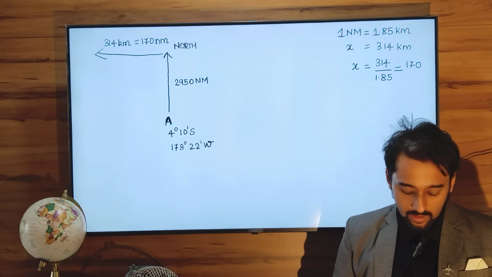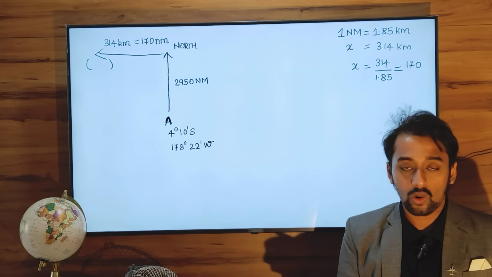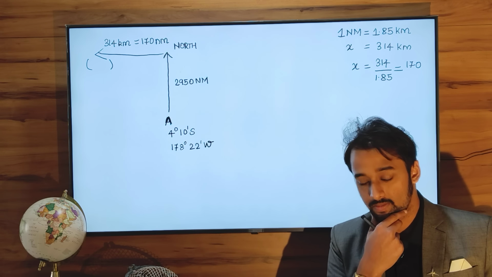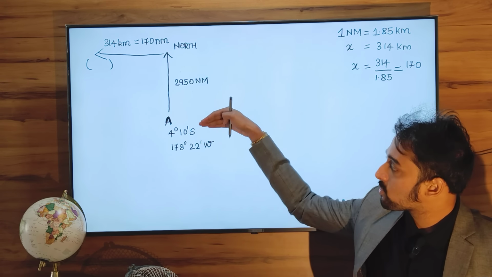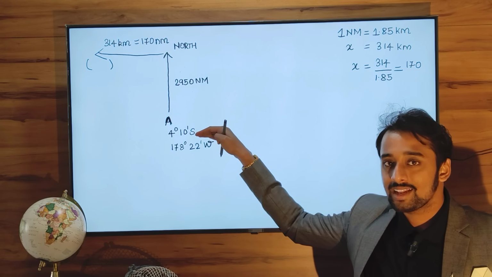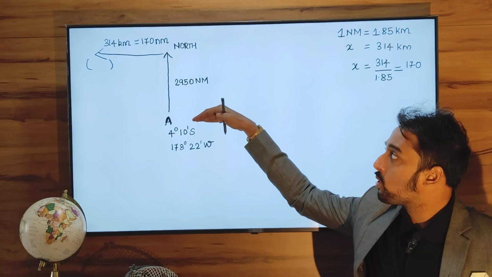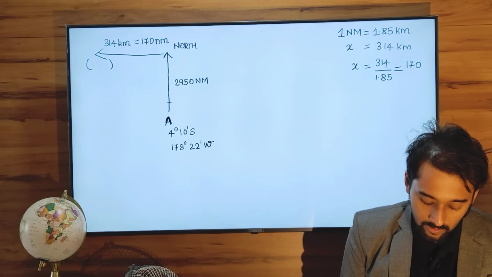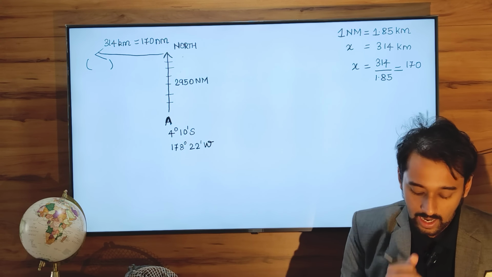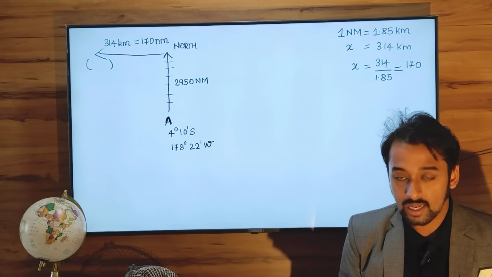Now we have to find the final position, or coordinates, of this destination. We started from latitude 4 degree 10 minutes south. When we fly above and cross other latitudes that come across our way, the value of latitude will go on increasing.